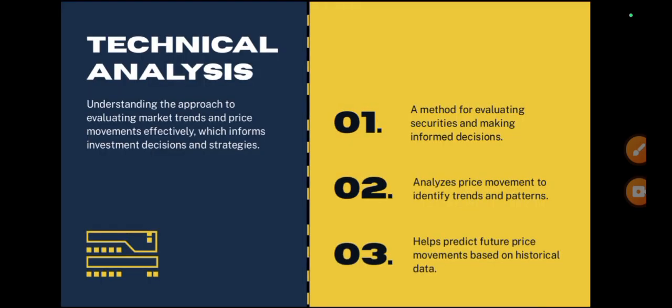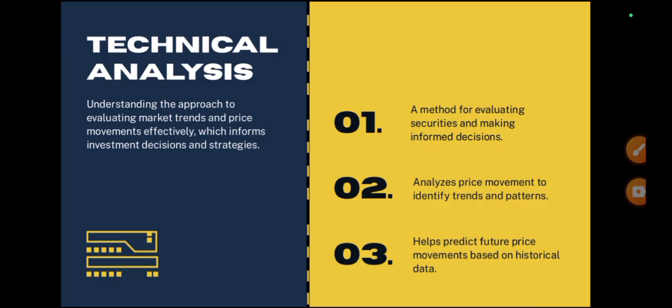Technical analysis is just understanding the approach to evaluating market trends, that is, checking the market trends, knowing where the market is coming from and where it's going, evaluating whether the market is down presently, and whether it is going to go down or go up.